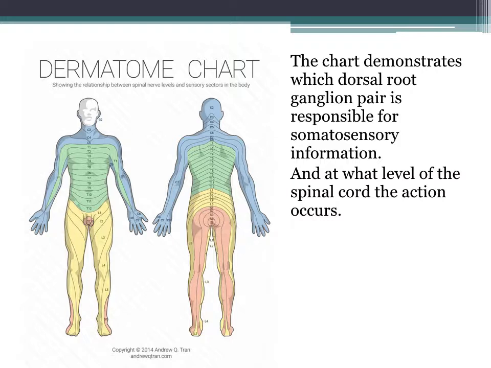If it was up in the green area, towards the upper part of the thoracic area, then we would have decreased sensation to the lower part of the thoracic area, the lumbar area, and the sacral areas as well, and all of the innervation to the parts of the body below there.